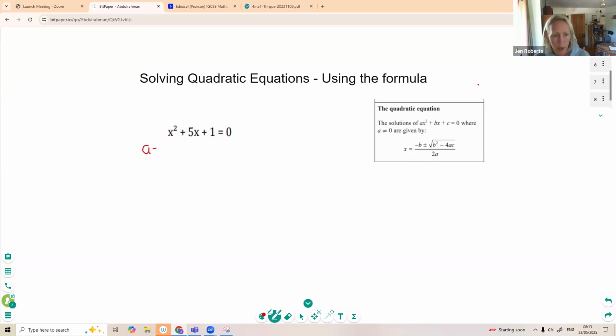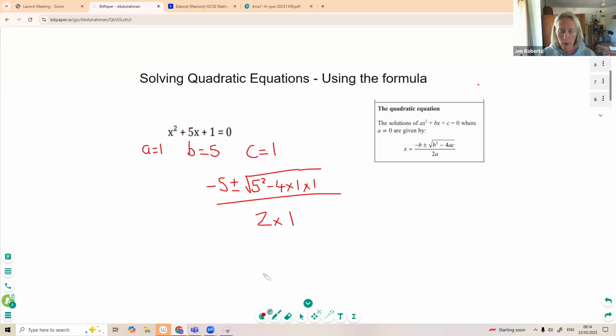Here, the coefficient of x squared is 1, because you've got 1x squared. The coefficient of x is 5, and your constant number here is 1. Substitute the values in: -5 plus or minus the square root of 5 squared minus 4 times a, which is 1, times c, which is 1, all over 2 times 1.